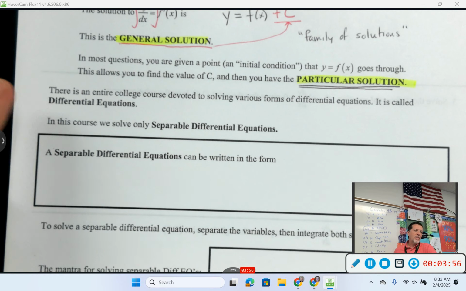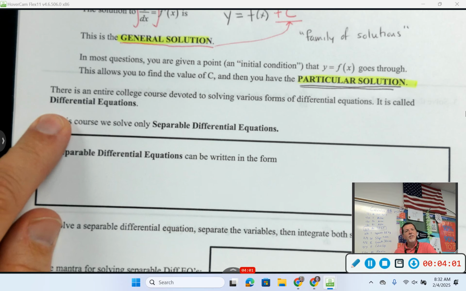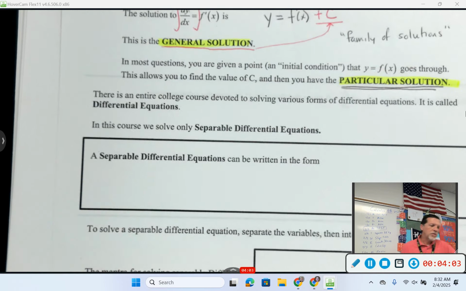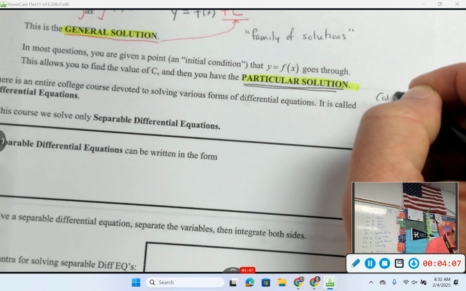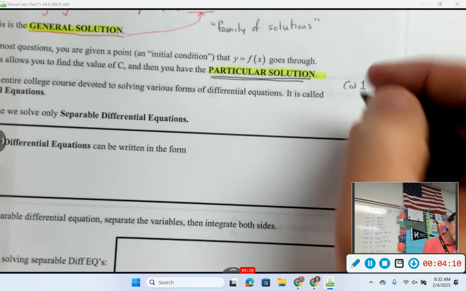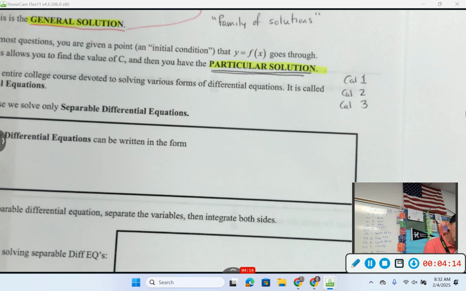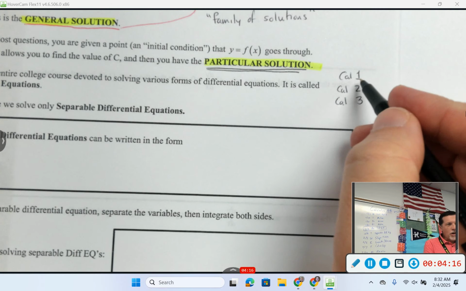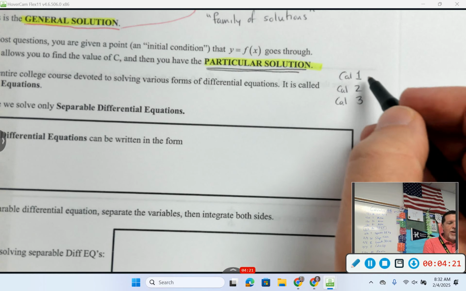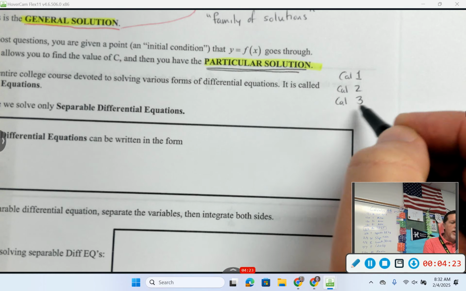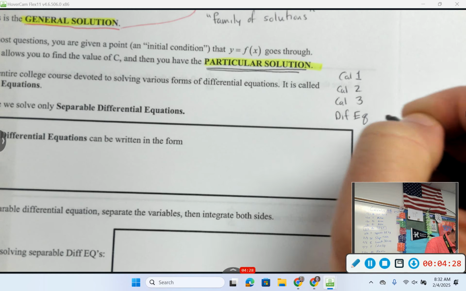Now, there is an entire college course devoted to this called differential equations. A little side note for you guys that will pursue the math science thing in college. Cal 1, Cal 2, Cal 3. Cal 1 is calculus AB, that's what you're doing now. Cal BC is 1 and 2. Then you do Cal 3, and then you do differential equations.